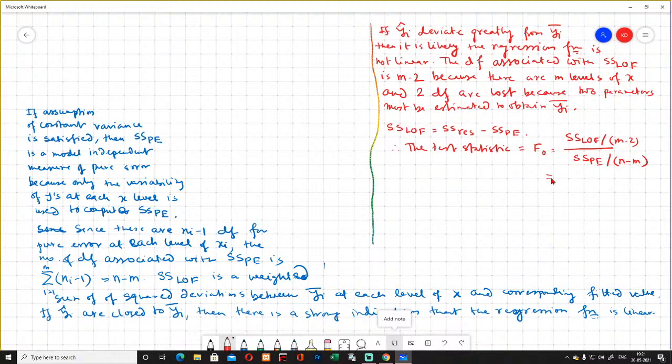So this is MS due to lack of fit over MS due to pure error, and we see that the expectation of MS due to lack of fit is equal to sigma square plus the sum over i from 1 to m of n i times the square of expectation of yi minus beta naught minus beta 1 xi, divided by m minus 2. Please check this. This is your homework.